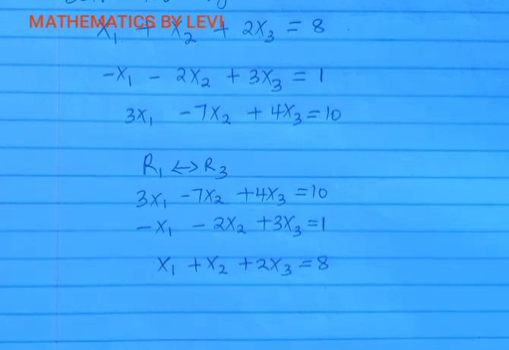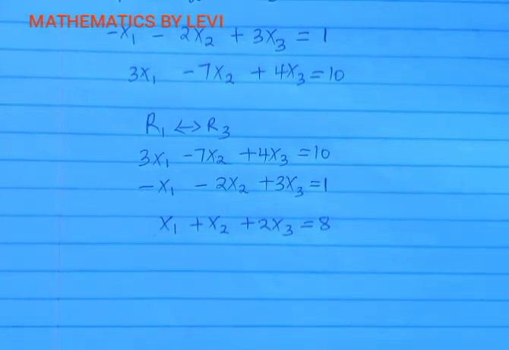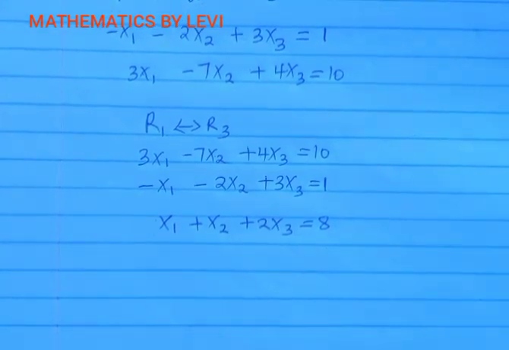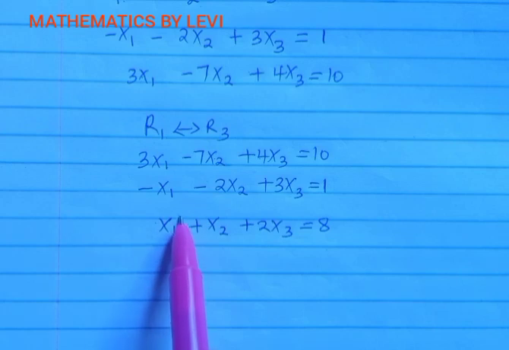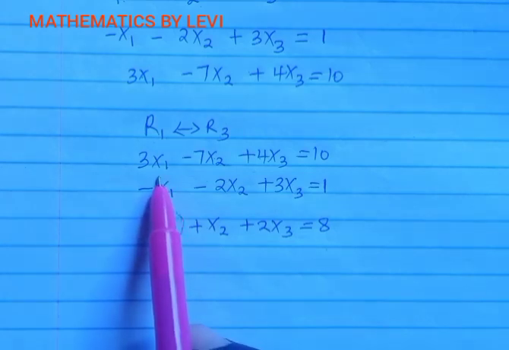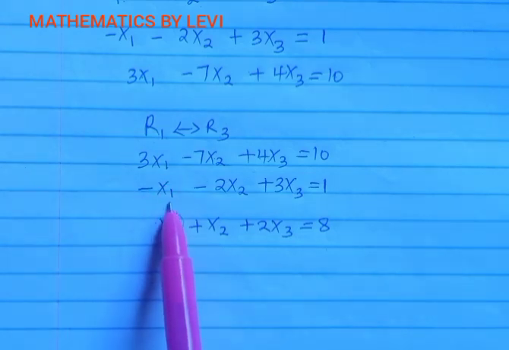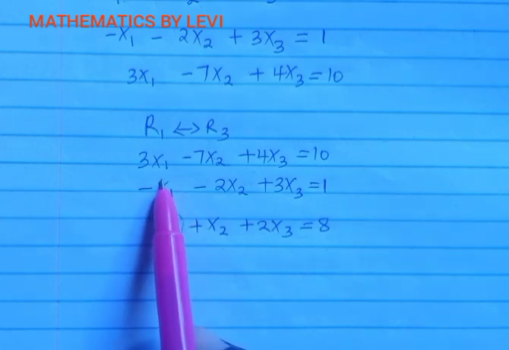and we go to the third step, which is reducing the rows. We need to ensure that we eliminate the x1 in the third equation. Then we also move to eliminate the x1 in the second equation.